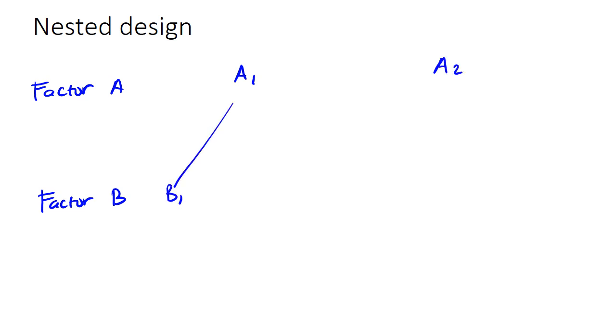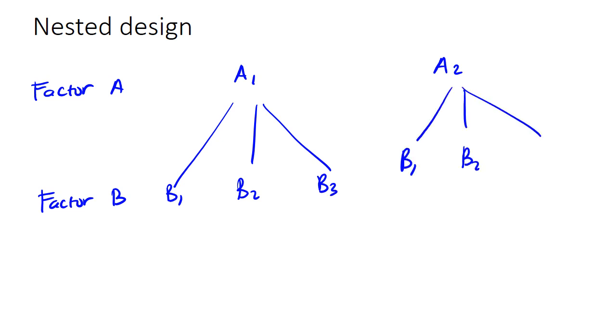When factor B is nested in levels of factor A, the levels of factor B do not have exactly the same meaning under each level of factor A. This is known as a nested design.